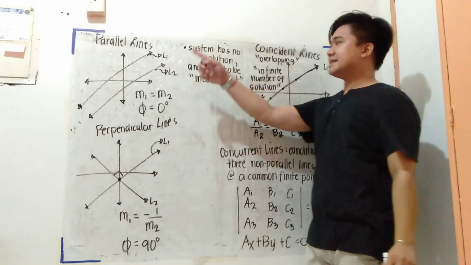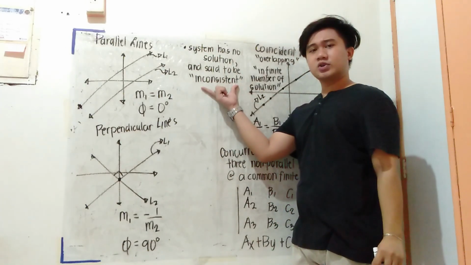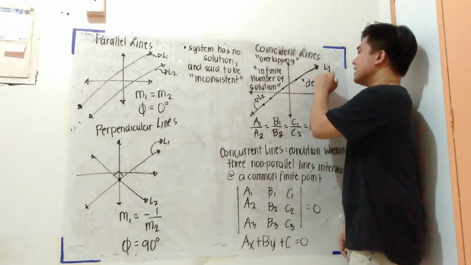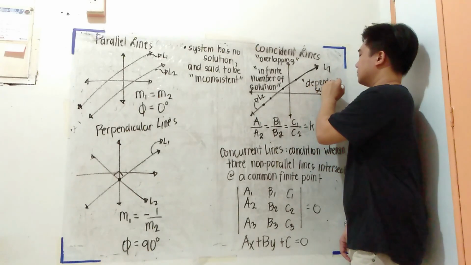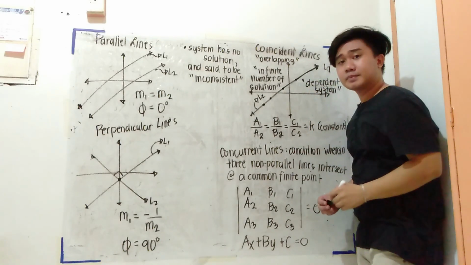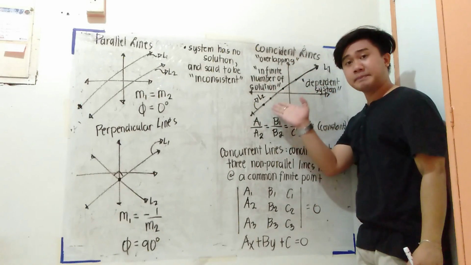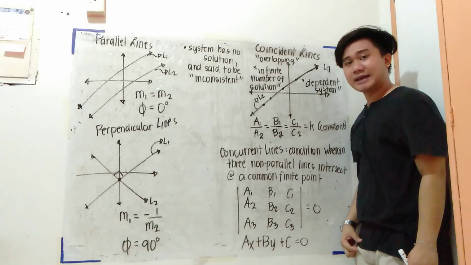Kung ang parallel lines, nagpo-provide siya ng isang inconsistent system, ang coincident lines, nagpo-produce siya ng isang dependent system. Okay? So, palatandaan, coincident lines, overlapping, nagpapatong, or naglalapat.